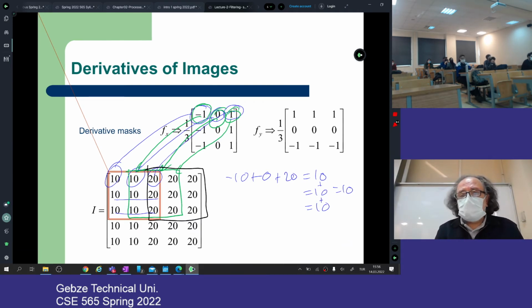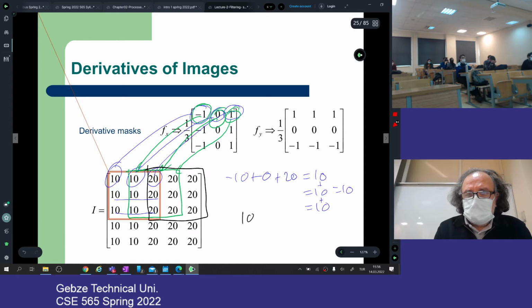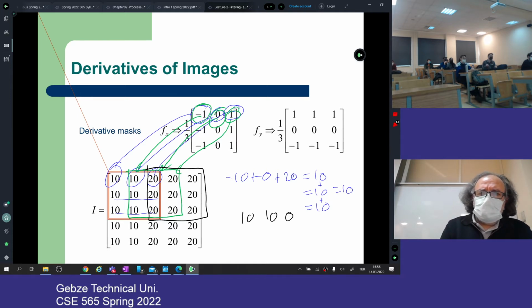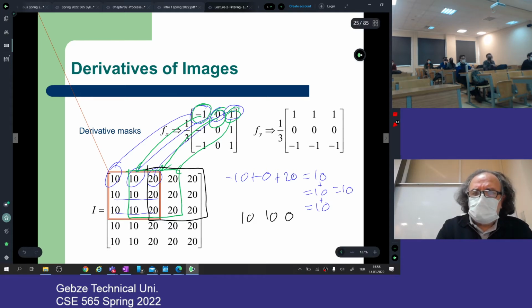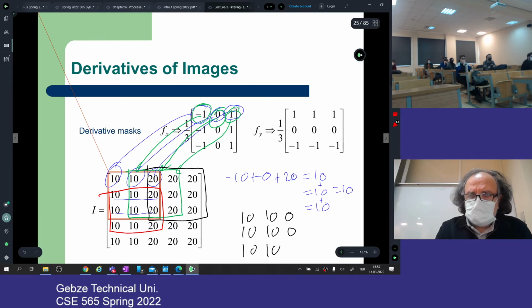So I am taking a derivative of this image with respect to x-axis. These numbers will be 10 and 10 and 0. And if I shift my window a little bit down, and if I do it this way, it's going to be again 10 and 10 and 0. 10, 10, 0, again 10, 10, 0.